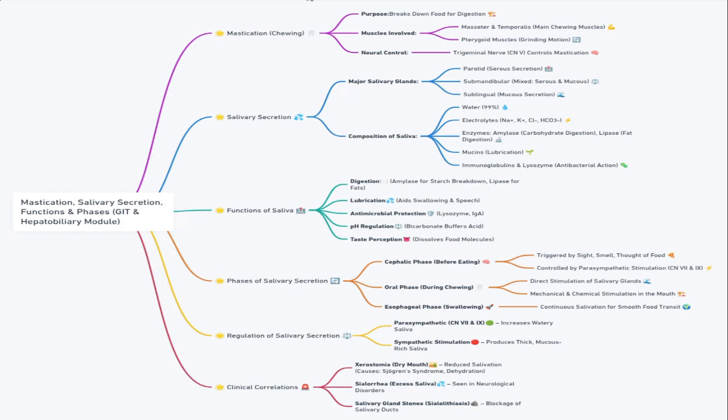And the superior salivatory nucleus leads to the submandibular ganglion, and then the postganglionic fibers supply the submandibular and the sublingual glands.